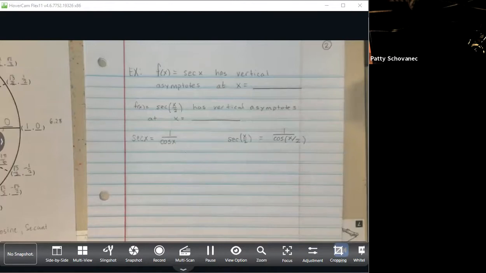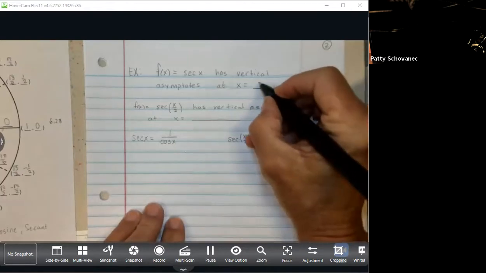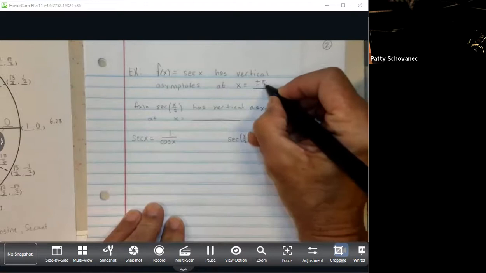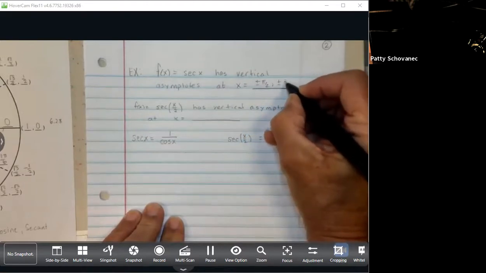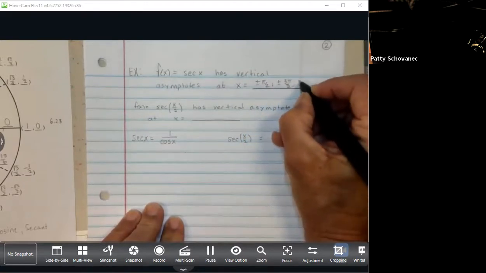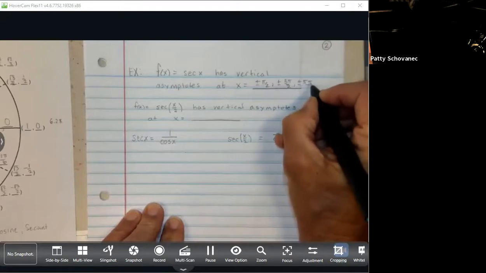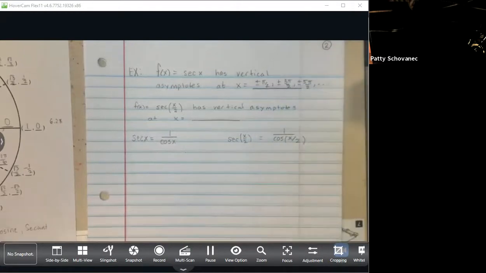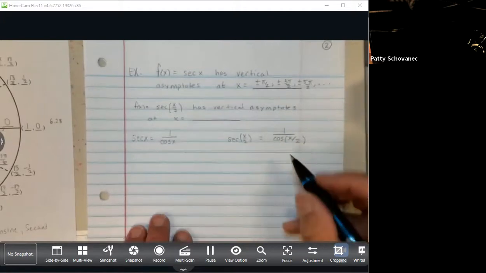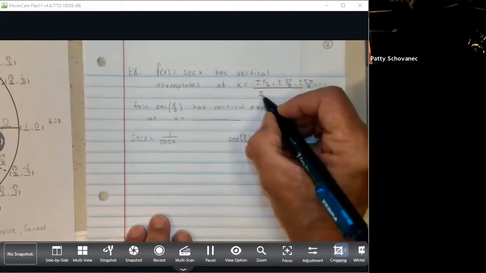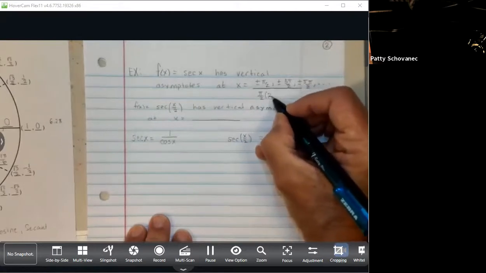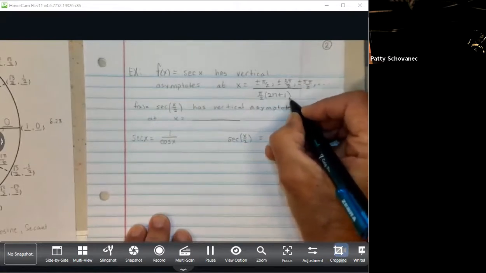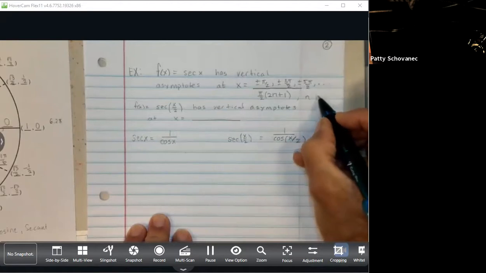Pi over 2. So plus or minus pi over 2, plus or minus 3 pi over 2, plus or minus 5 pi over 2. That's what we mean by all odd multiples of pi over 2. All right, so we wrote that as pi over 2 times 2n plus 1, where n is any integer.